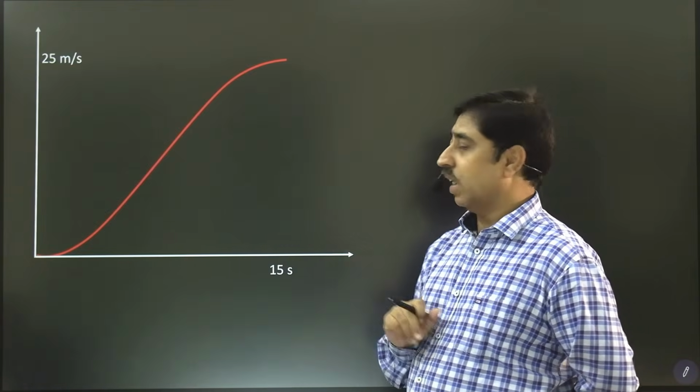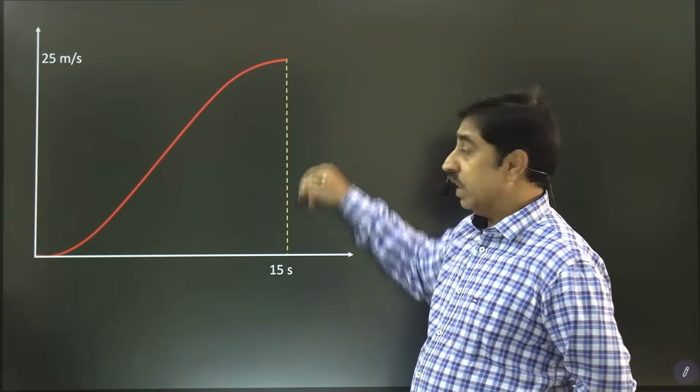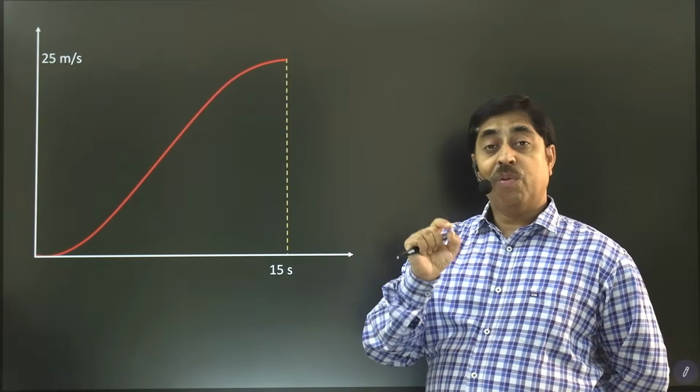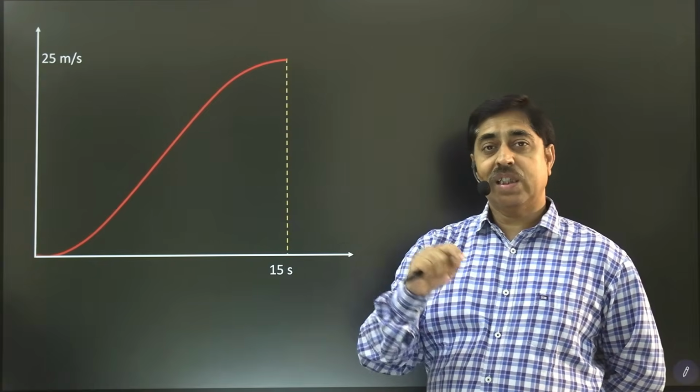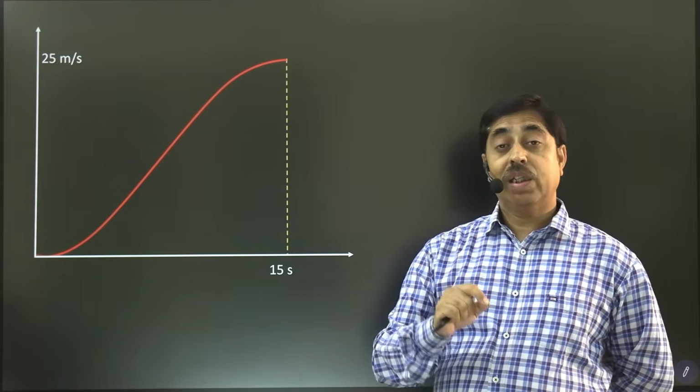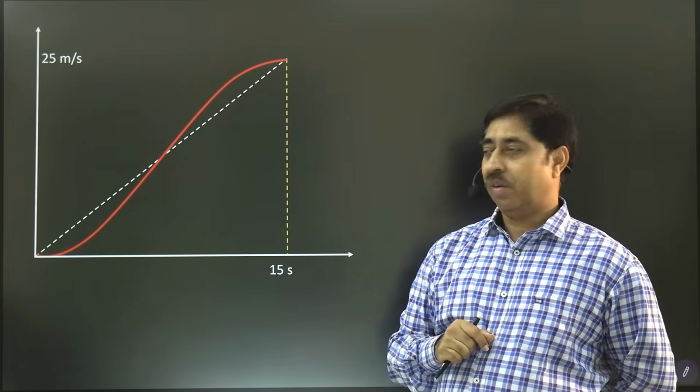I have magnified that graph here. This is 15 seconds, right? Now, if you read the last part of the question carefully, it says that this cubic plot is symmetric about its midpoint.